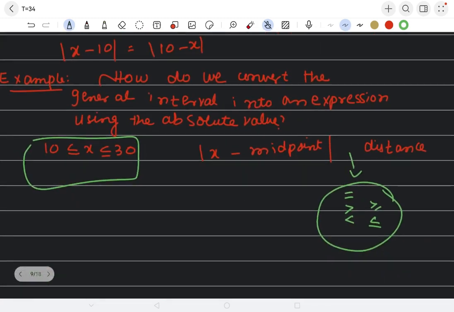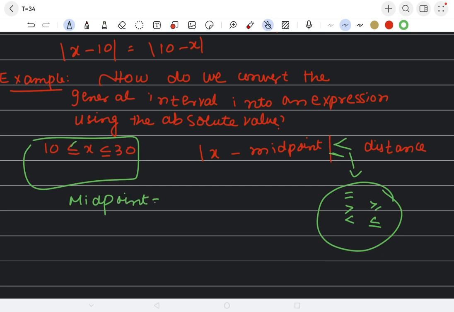We cannot put any other sign. But not only less than, equal to as well, because in our interval only the less than sign is not coming, the less than equal to sign is coming. So this is how we have to put the sign with respect to the interval given. Now we are going to find our midpoint.